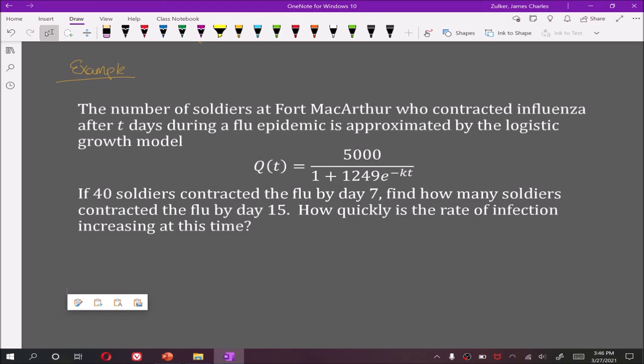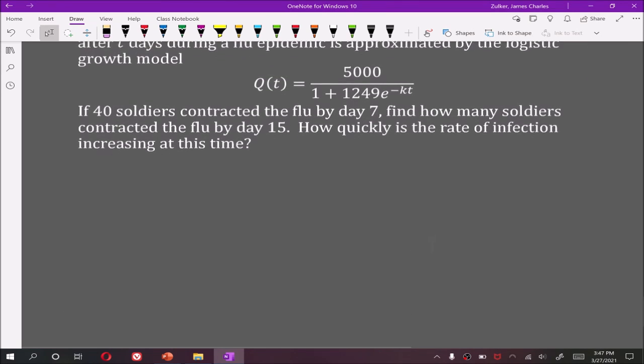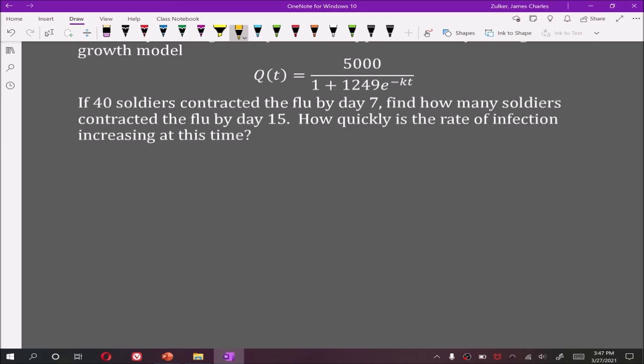If 40 soldiers contracted the flu by day 7, we wish to find how many soldiers contracted the flu by day 15, and also how quickly the rate of infection is increasing. Now, Q of 7 is 5,000 divided by 1 plus 1249 e to the negative 7k, and we know that this is equal to 40, so we just have to solve for k.